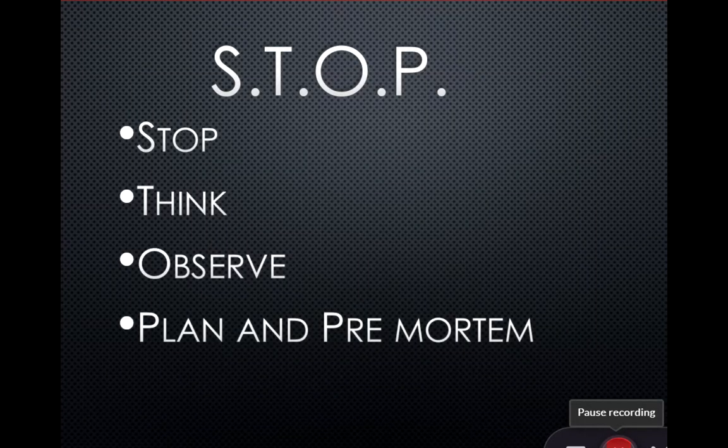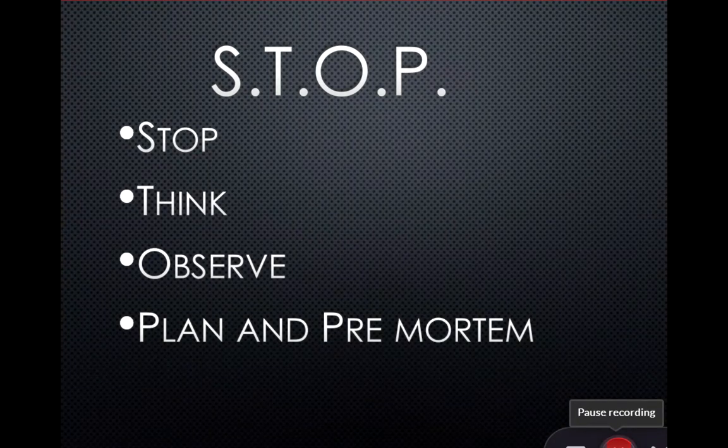So as we begin to think about avalanche terrain, we've defined it, we've said where it is. Now we have to think about, okay, so we come to avalanche terrain and we need to overcome some of our human flaws in terms of decision making. And one of the tools that can be very helpful is the STOP acronym.